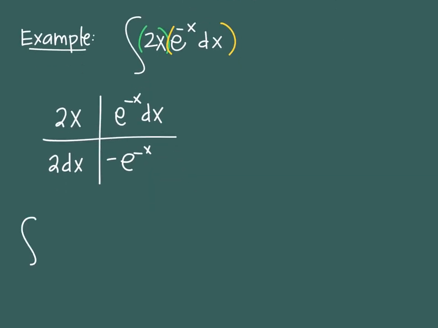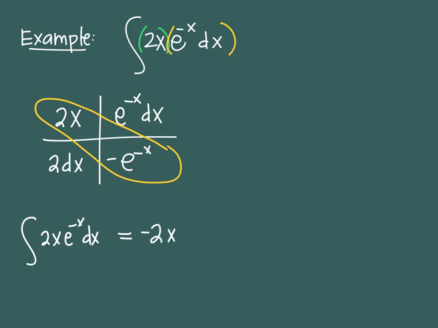So my problem, which started out as the integral of 2x e to the negative x dx, can be rewritten as the combination of u and v, which is negative 2x e to the negative x, minus the integral of v and du, so minus the integral of negative 2e to the negative x dx.